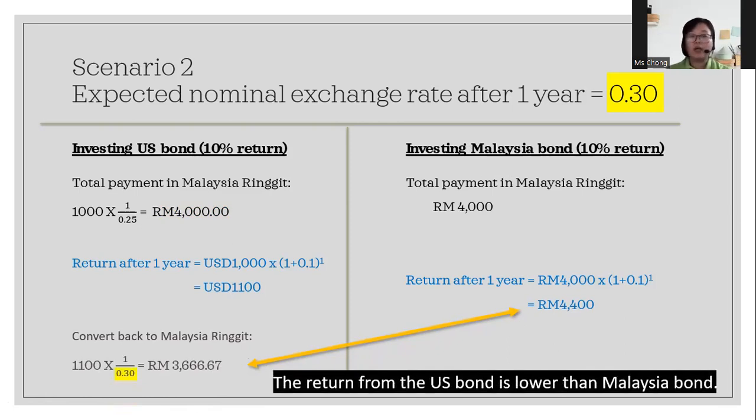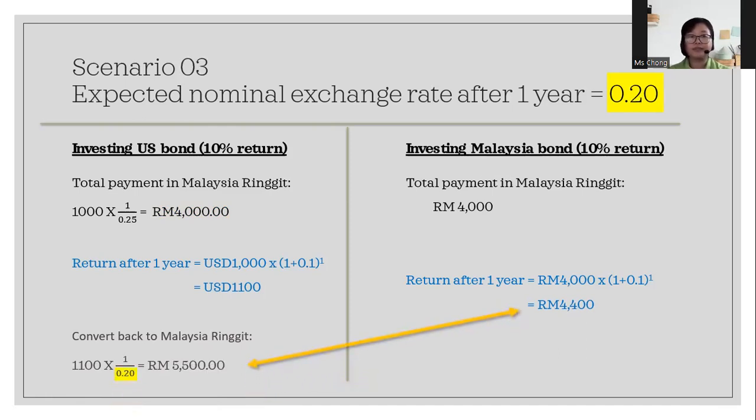Okay, now let's look at scenario number 3. In this scenario, the expected nominal exchange rate after 1 year is 0.2. The other factors are the same. The only difference is the expected nominal exchange rate after 1 year.